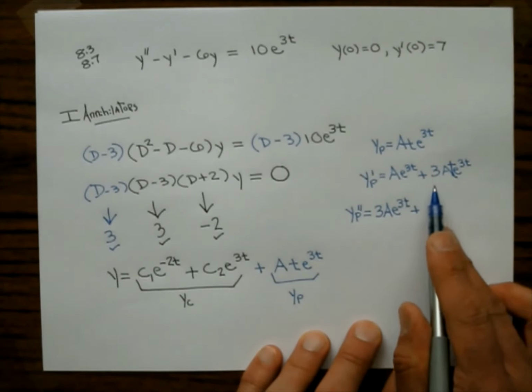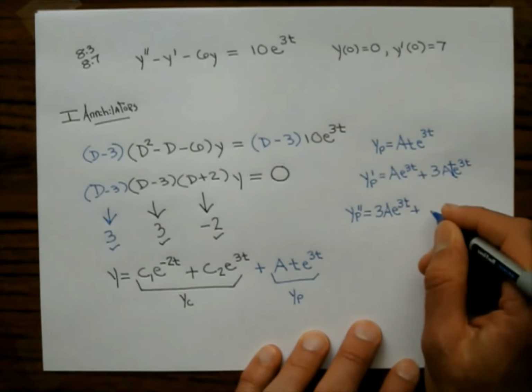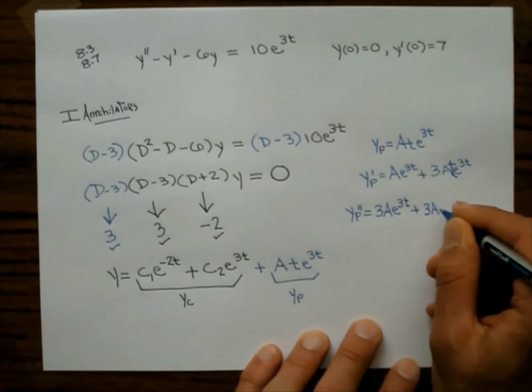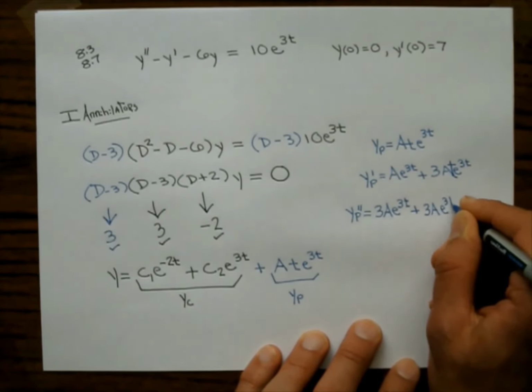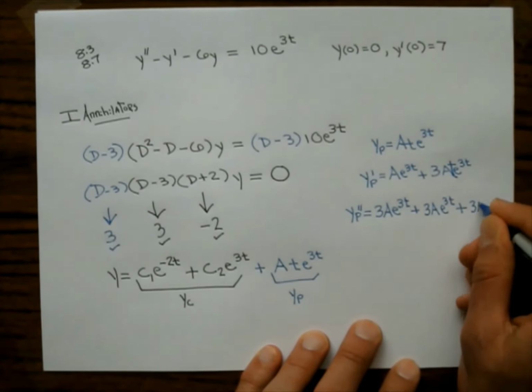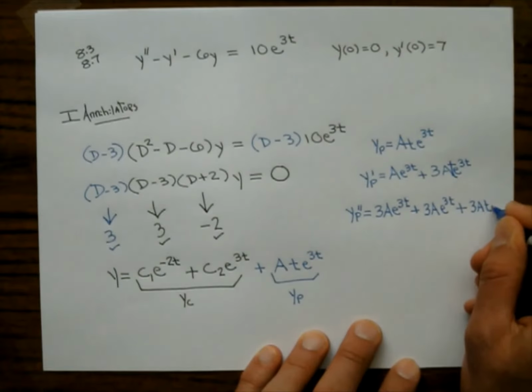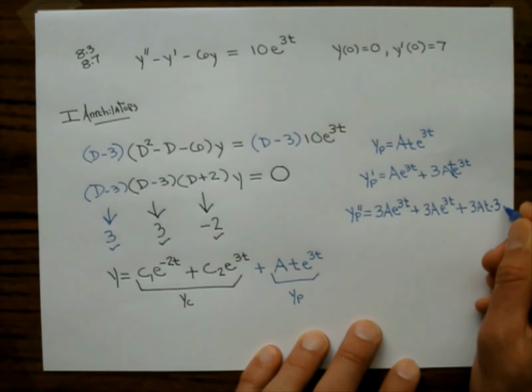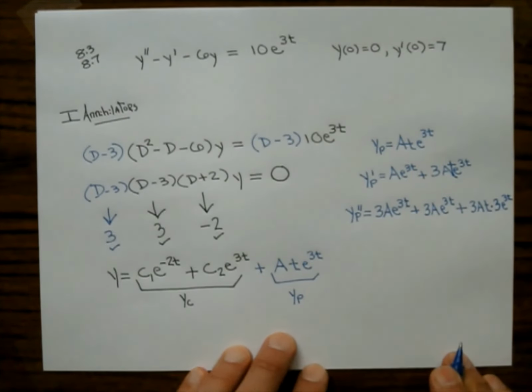Okay, so I'm going to do a product rule again. Hopefully I won't mess this up. The derivative of the first, which is 3a, times the second, plus, this is where I would mess it up, the first, 3at, times the derivative of the second, which is 3 e to the 3t. Almost coming off the paper there.